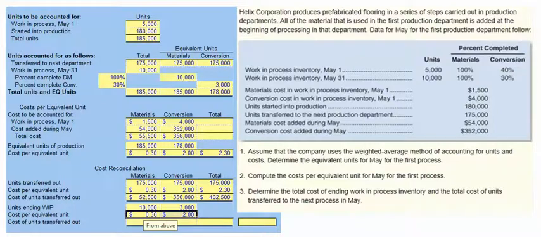This means the direct material cost associated with our ending work in process inventory is $3,000. That's the 10,000 units times 30 cents per unit. And the conversion cost associated with our ending work in process inventory is $6,000. This is the 3,000 equivalent units multiplied by $2 per equivalent unit.